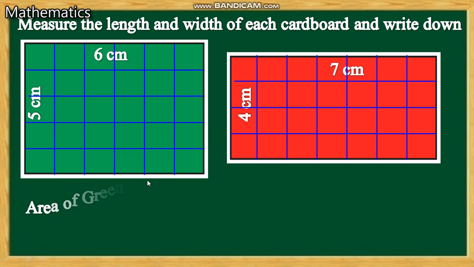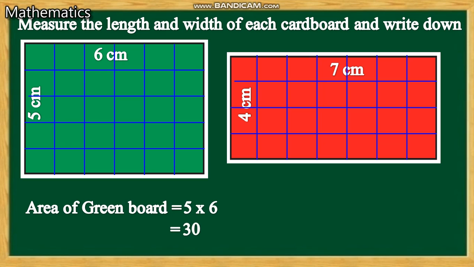That is, the area of the green board is equal to 5 into 6, which is 30 square centimeter.